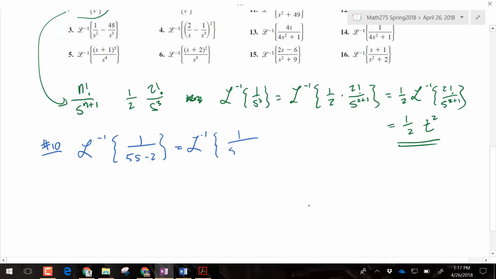So 1 over 5, and then I have an s minus. Now I have to factor a 5 out of the 2, which doesn't factor nicely, so we'll just force that. And try to write your 5s differently from your s's.